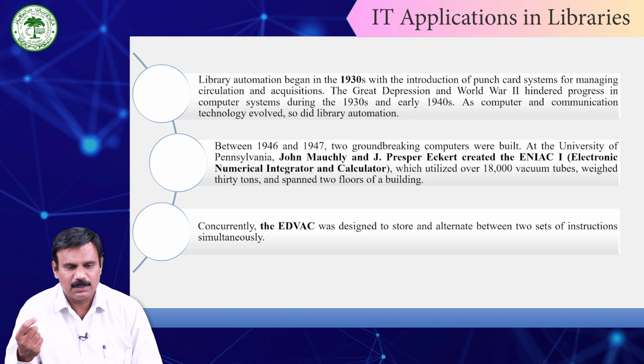ENIAC is Electronic Numerical Integrator and Calculator, which utilized over 18,000 vacuum tubes, weighed 30 tons, and spanned two floors of a building. Concurrently, EDVAC was designed to store and alternate between two sets of instructions simultaneously.